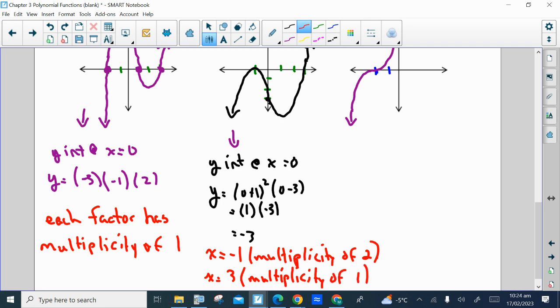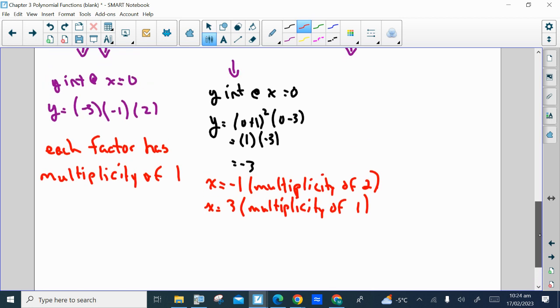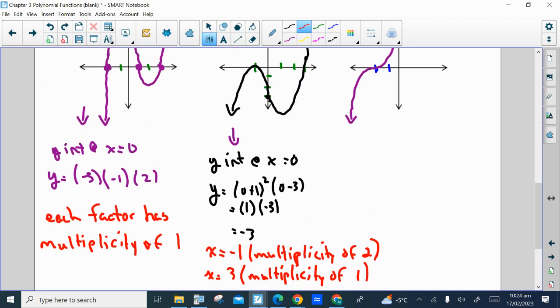Because the graph crosses through the x-axis there. And for the last graph, here we have an x-intercept at x equals negative 2, and this will be a multiplicity of 3.